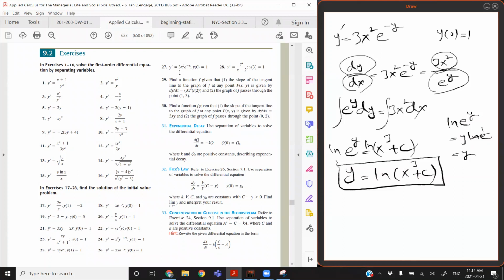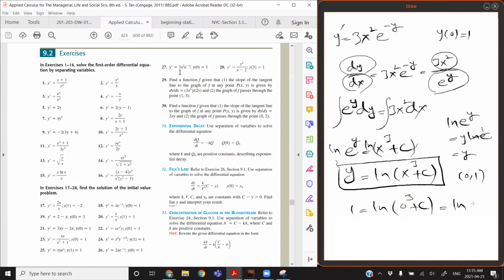Now, let's get c. If I plug in 0 for x, y should be 1. I can plug in 0 for x and 1 for y and get the answer for c. So 1 is equal to ln of 0 cubed plus c.